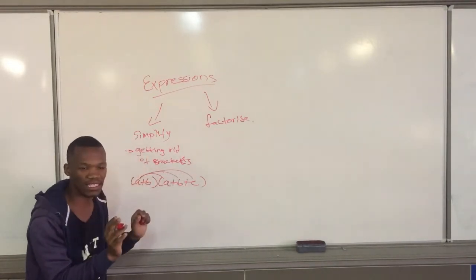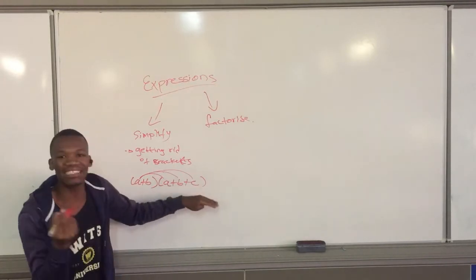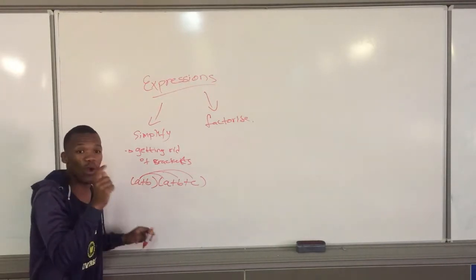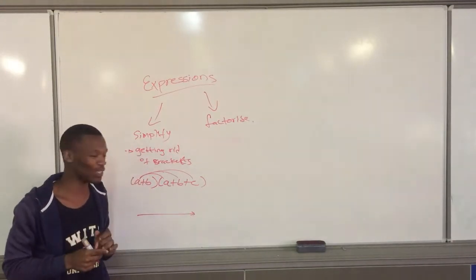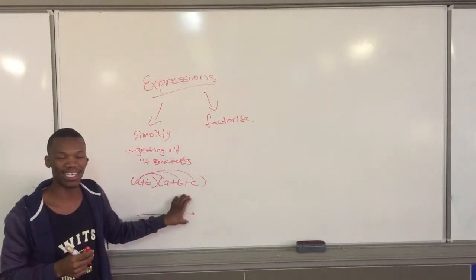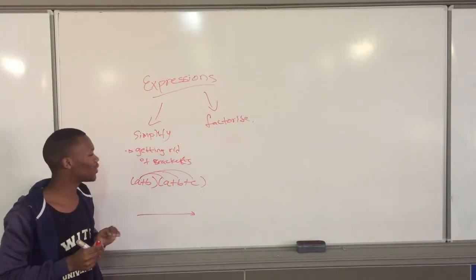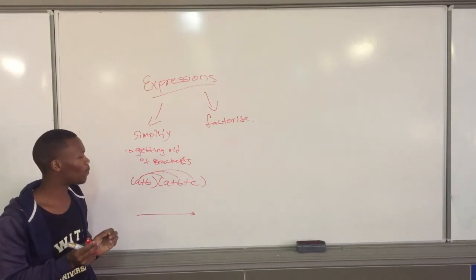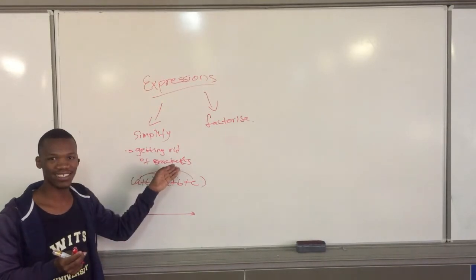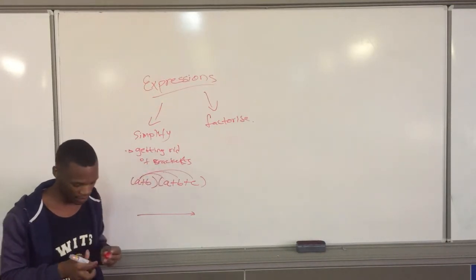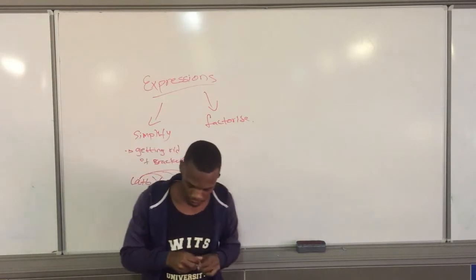So you're going to apply that distribution law to make this its simplest form. And whatever product or answer you get must not have brackets, because we have simplified to the simplest form. You have got rid of the brackets. That's all you do with simplification.